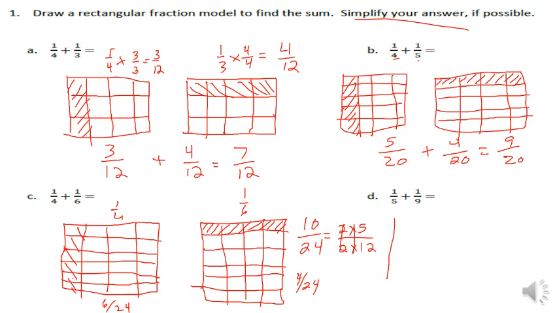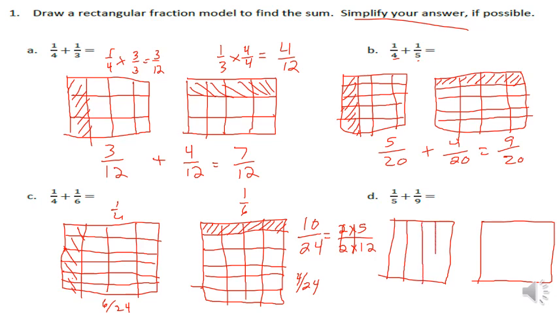Our last one, we have 1/5 and 1/9. So I'm going to split this one into fifths, and I'm going to add another one over here, and I'm going to shade 1/5.